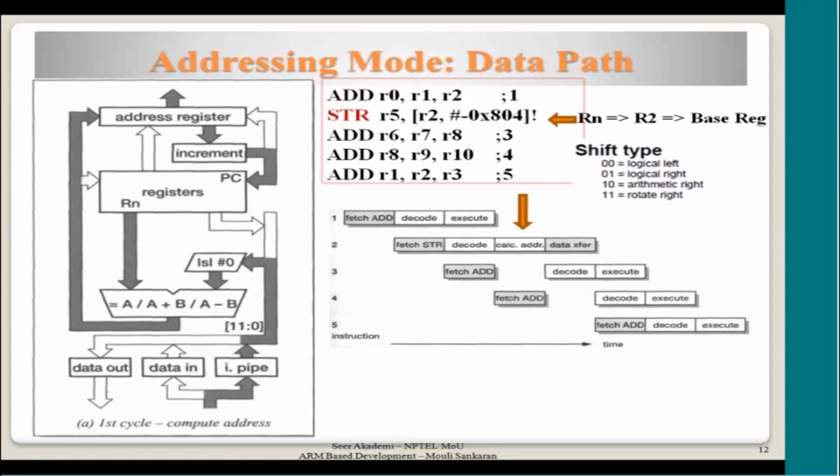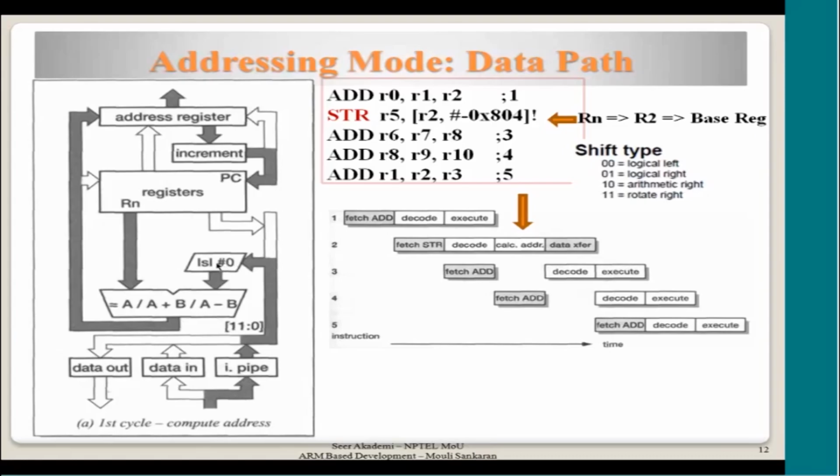Any data coming in, either through a register or through the pipeline, that immediate constant, needs to pass through the barrel shifter. So when there is no shift operation mentioned in the instruction, the processor assumes it is LSL 0, that is logical shift left by 0 positions. What does it mean? You are not modifying the value.